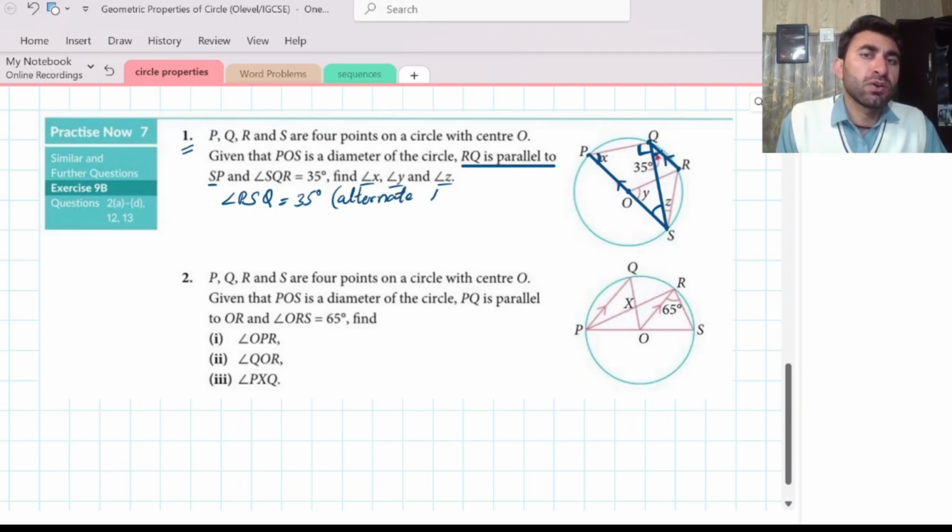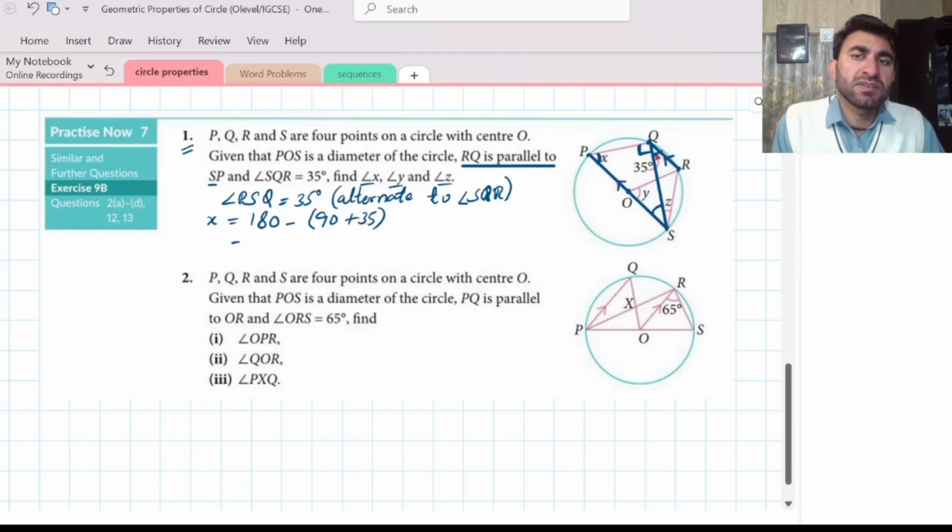So this is 35. So X becomes 180 minus the sum of the other two angles, 90 and 35. After we subtract, X becomes 55 degrees. So the angle over here is 55 degrees.